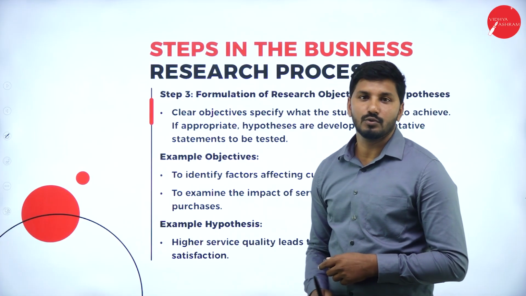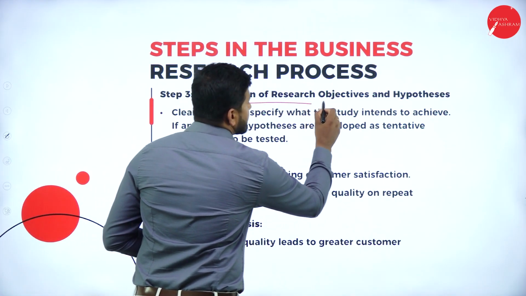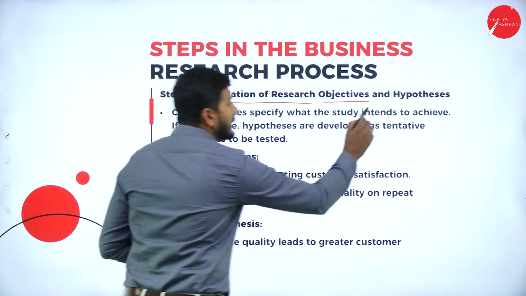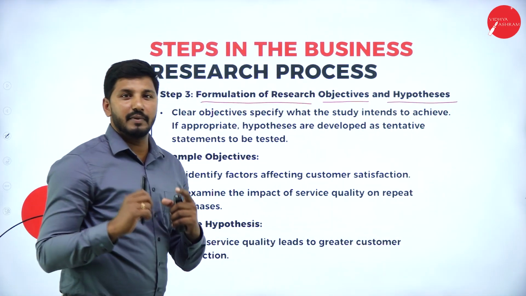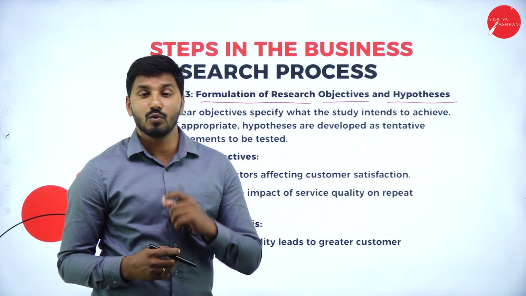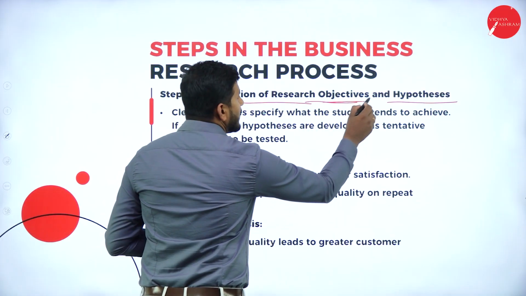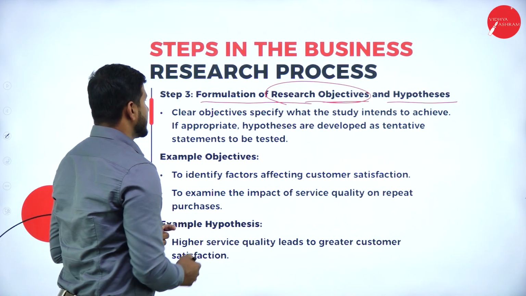So then move on to step 3, that is formulation of research objectives and hypotheses. What are the major objectives included in the research steps? Why are we conducting research? What is the major agenda we have to formulate in this step?